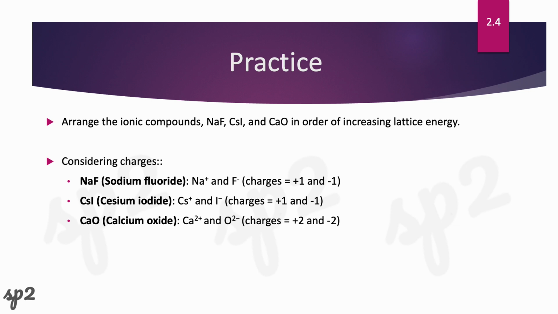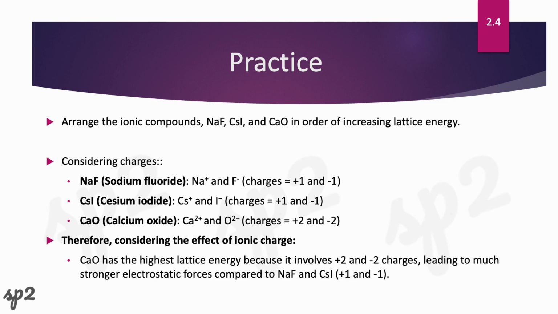But for calcium oxide, we actually have calcium 2 plus and oxide with 2 negative charge. And remember, charges are typically more effective than the distance. So calcium oxide is going to have the highest lattice energy because it involves 2 plus and 2 negative charges. That will be the strongest one.